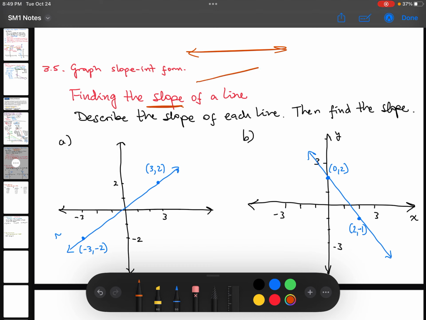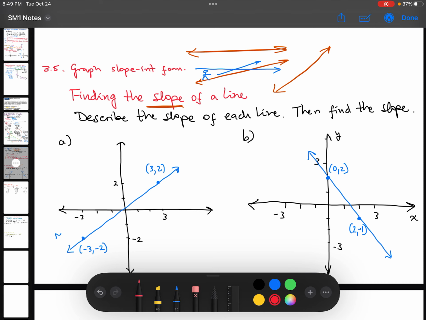Then it might have some sort of a slant, or it might be steeper. These two, if you look, you go from left to right in this direction. Imagine that you're here, and you see that this little person will have to go up or down. This little person will have to go up.